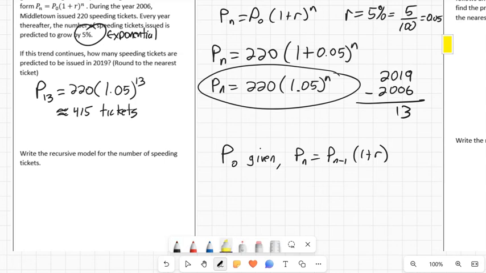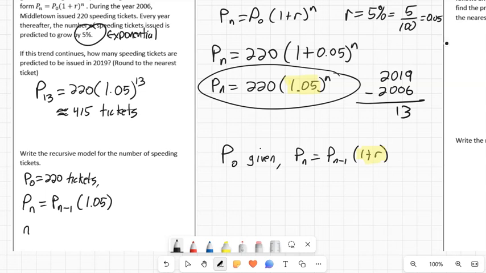Now this 1 plus r, we've already simplified all the way down to 1.05. So we can say P sub 0 equals 220 tickets, and P sub n equals P sub n minus 1 times 1.05.